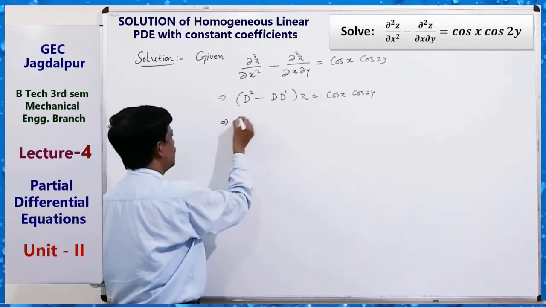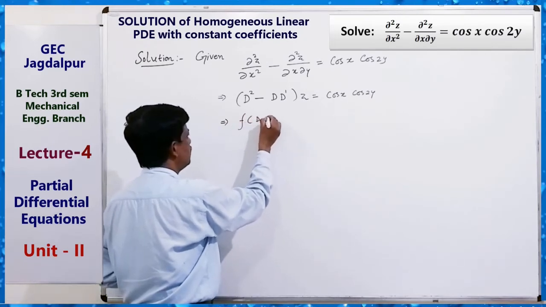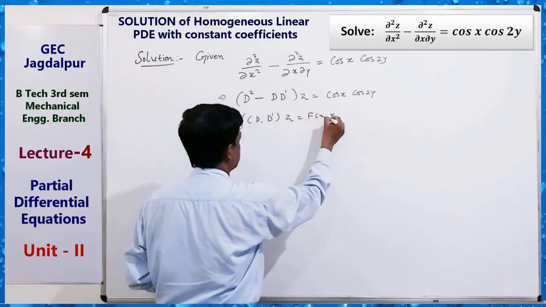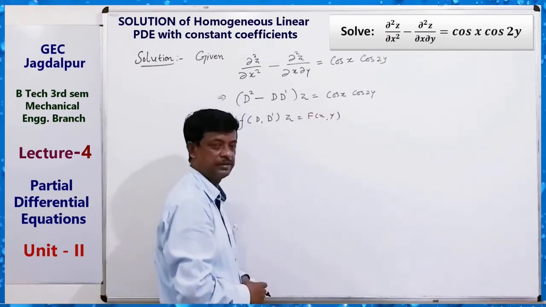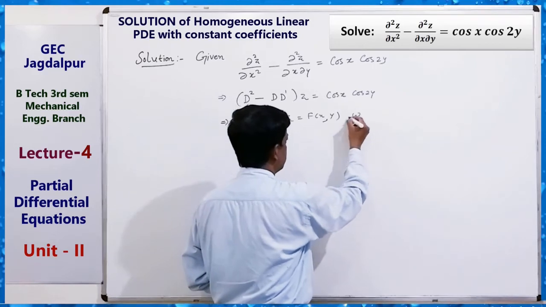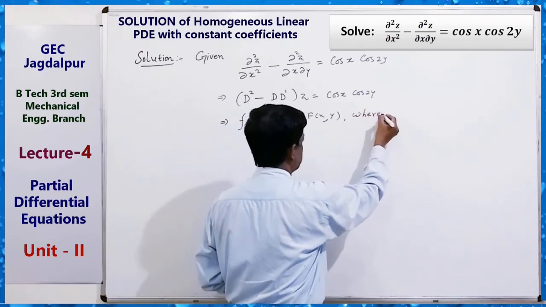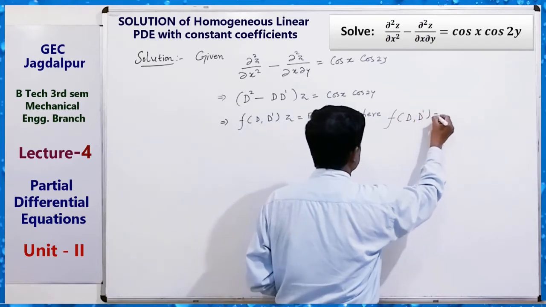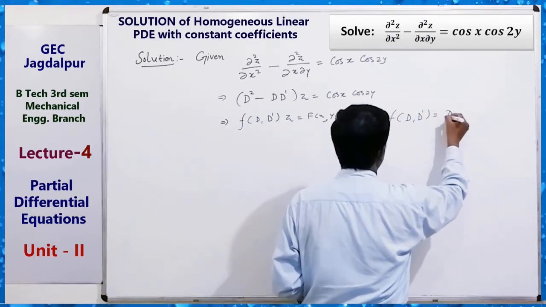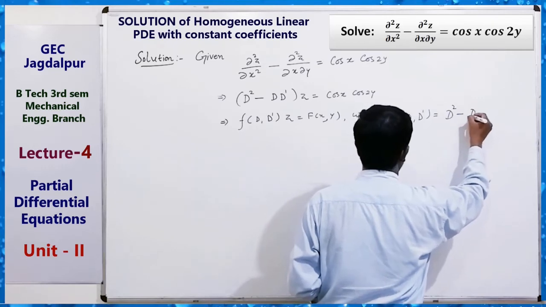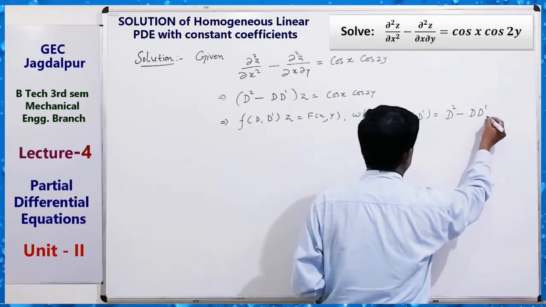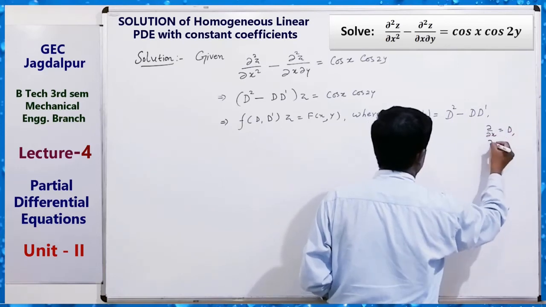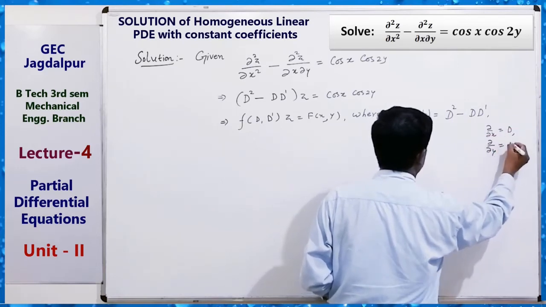That is, f of D, D dash z equals f of x, y, where f of D, D dash equals D square minus DD dash, and del by del x equals D, del by del y equals D dash.